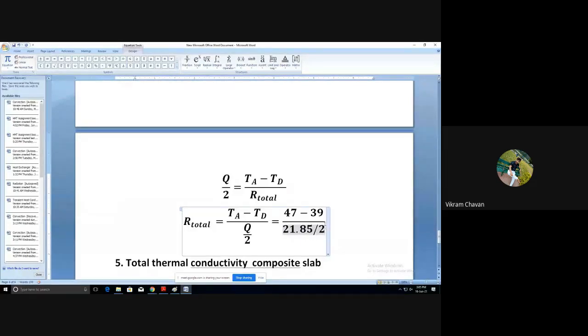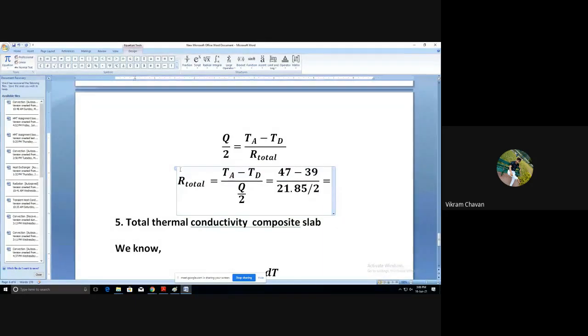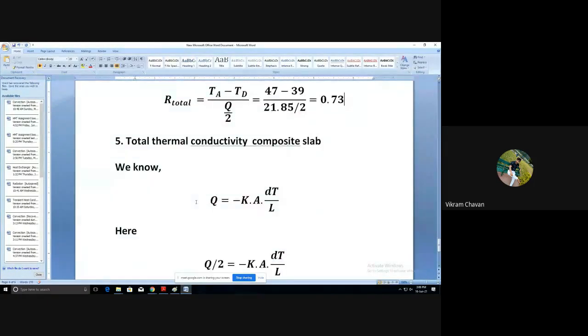After calculation you will get the total thermal resistance. So do the calculation and find out the total thermal resistance. 0.73. Okay, 0.73, so this is the first finding for this particular experiment.